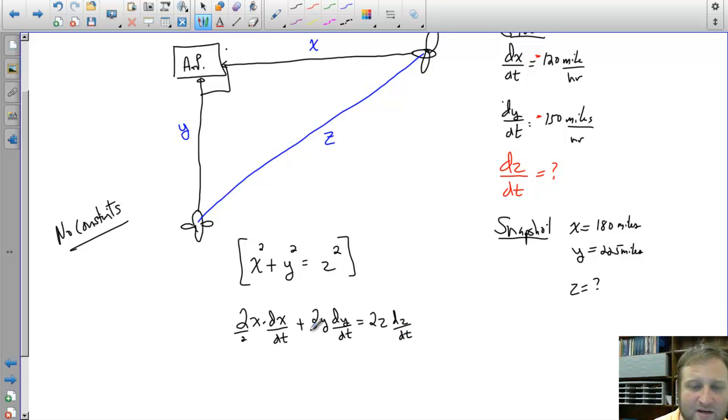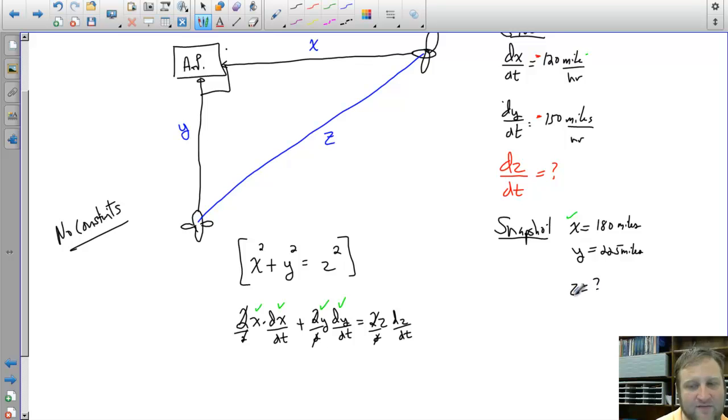If we divide everything through by 2, the 2's all cancel, and we get something that's a little bit easier to work with. Notice here we have our value of x, and we know dx dt. We have our value of y, and we know dy dt.